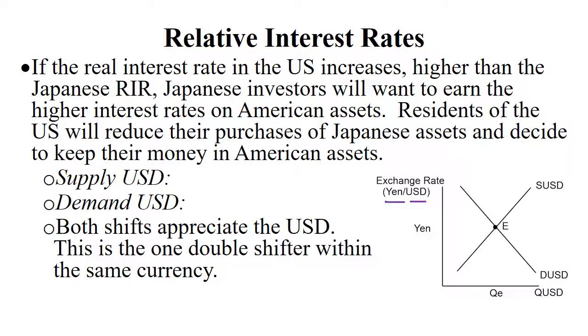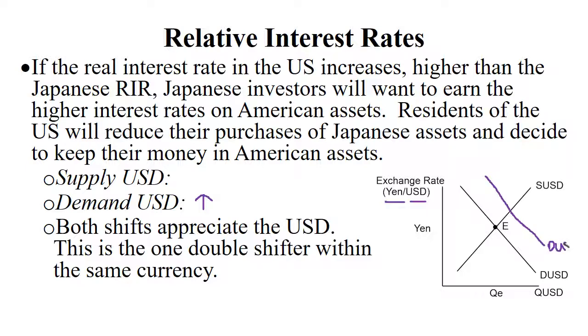Does that sound like supply or demand of the US dollar? Other countries demand our currency. And if they want to buy our assets, if they want to buy a bond and earn that interest rate, the demand for the US dollar will increase. It will be a right shift. And we will label that demand of US dollar two.